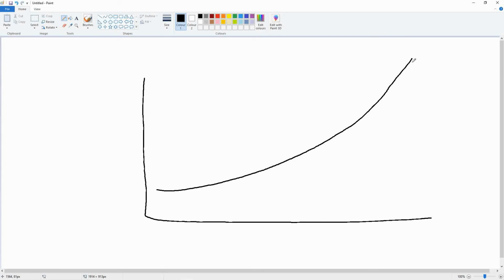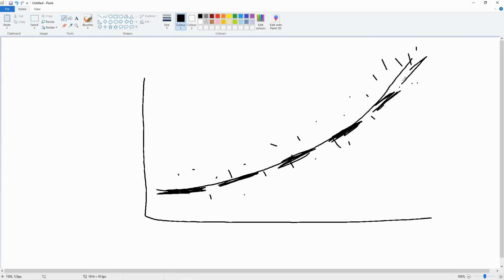But if my data suggested that a curvy line is better, then the magnitude of my line is changing. The extent of my line here is weaker than the section here, which is weaker than the section here. So as I'm going up, my line is becoming steeper and steeper. The key thing that makes this monotonic is that it is always in a positive direction. It's just getting more and more positive.